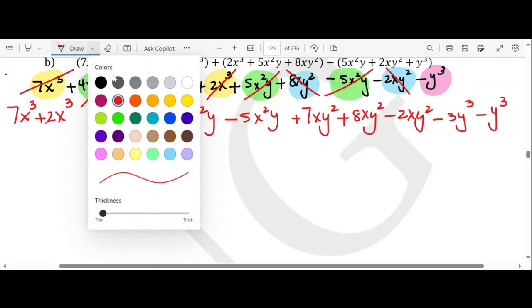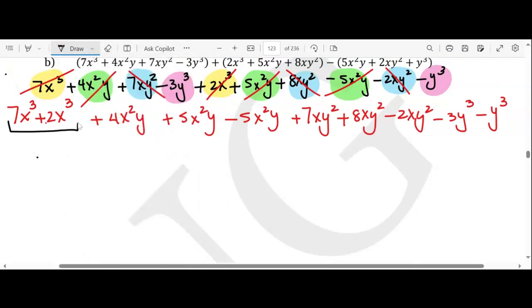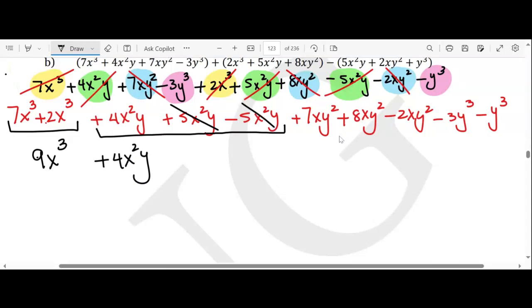All right, so let's do that. This together, how much? 9x cubed. And this together, how much? 4x squared y. That's it, because this one, they cancel. Okay, what else? Plus 13xy squared.